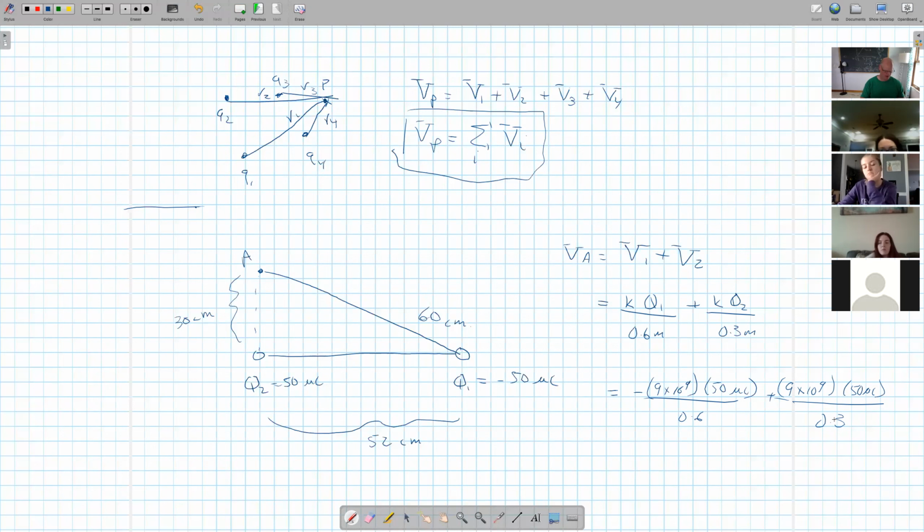So, plugging in my numbers, this works out to be about 7.5 times 10 to the 5th volts. So this is my potential at point A.